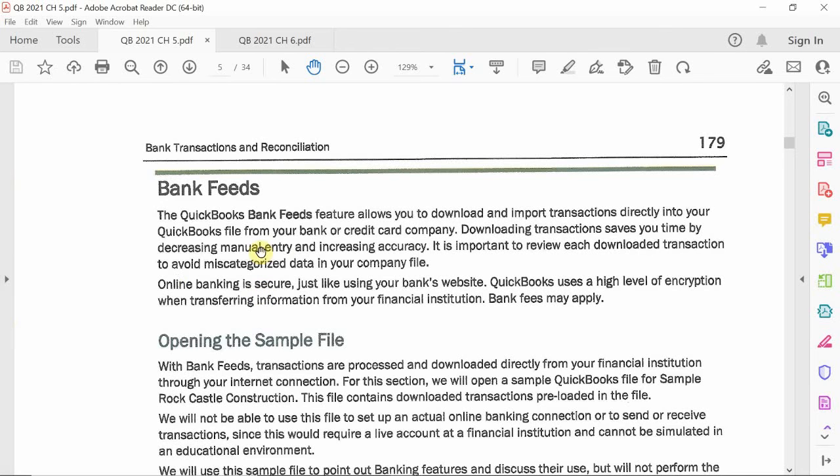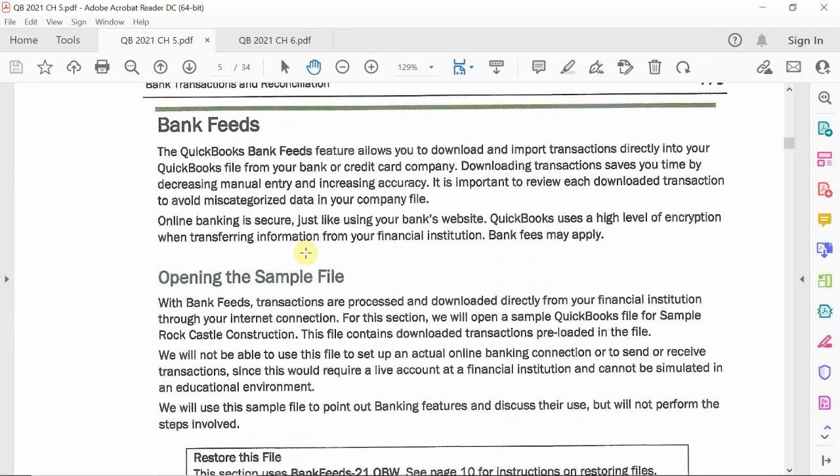So what bank feeds does is when you click on bank feeds, it pops up a banking center. That's the part that is new to QuickBooks. Bank feeds have been around. It's a great way to connect to your actual banking account and be able to do online banking that way. It makes it 10 times easier instead of having to do it on a separate website.